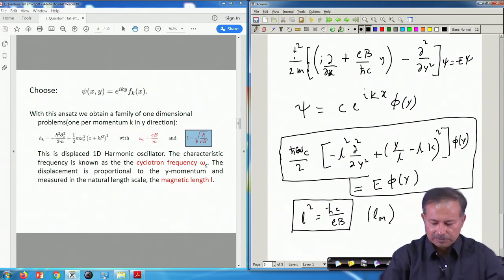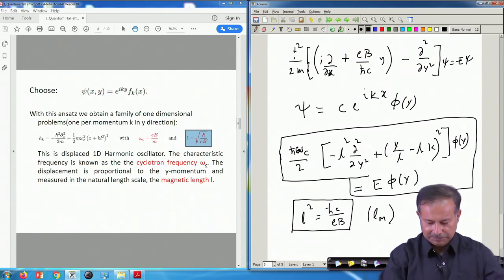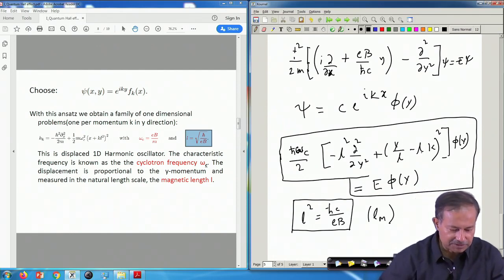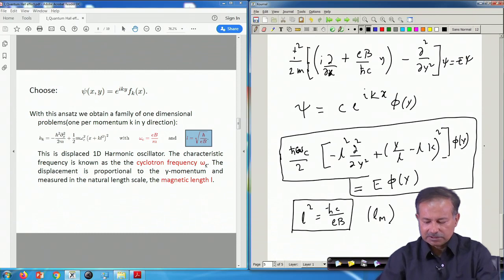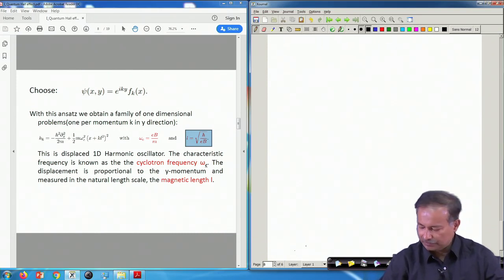So, that tells us that this problem has an interesting symmetry, that it becomes a simple harmonic oscillator problem in one direction and a plane wave in the other direction.